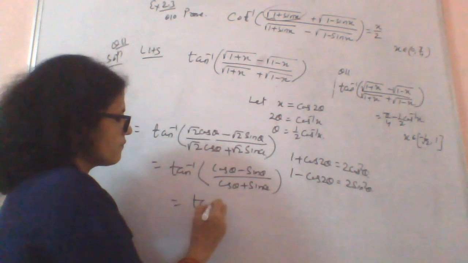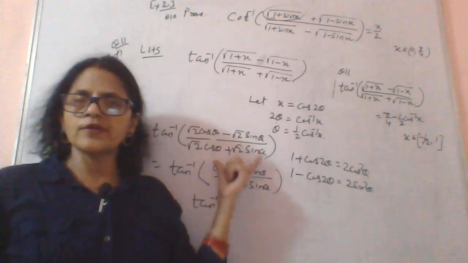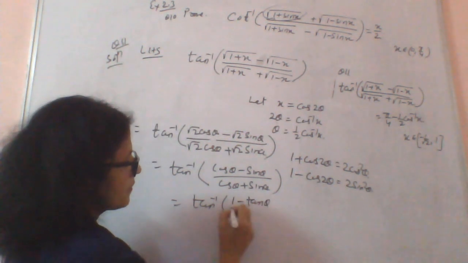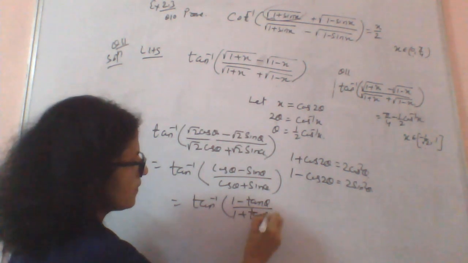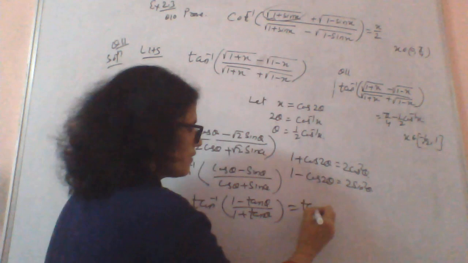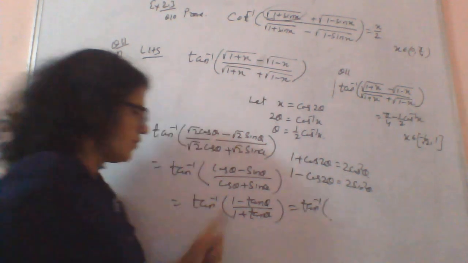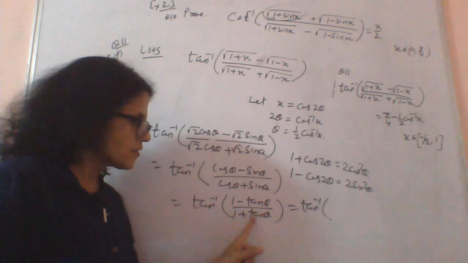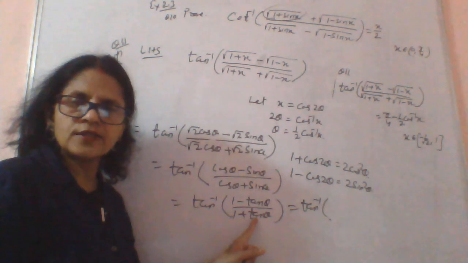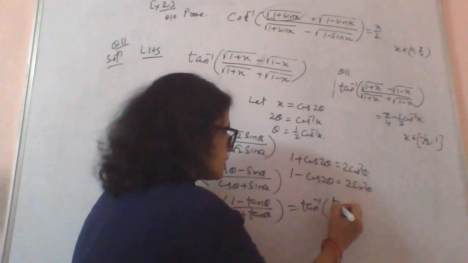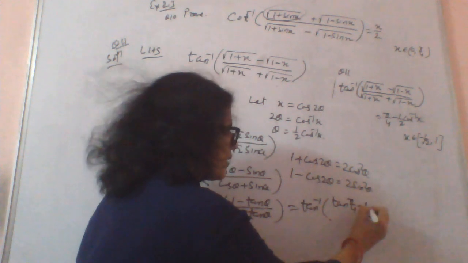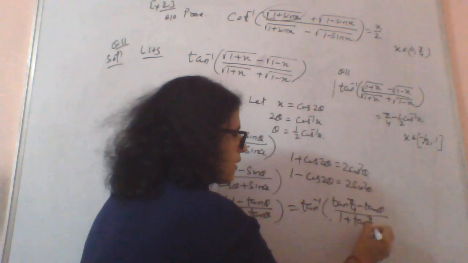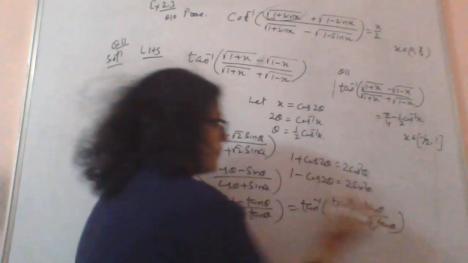It means tan inverse, divide numerator and denominator by cos theta, 1 minus tan theta by 1 plus tan theta, that is equal to tan inverse. So this is tan pi by 4 minus tan theta by 1 plus tan pi by 4 into tan theta, right?